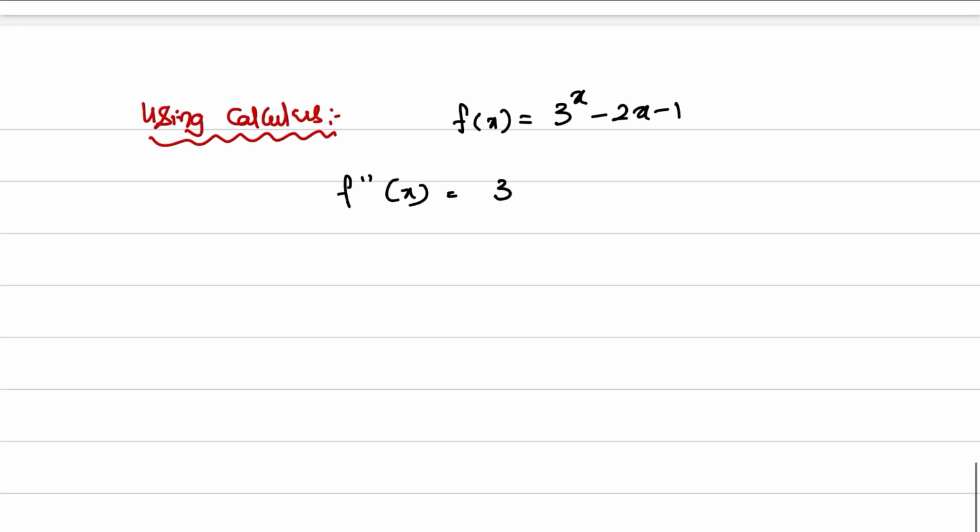When you use the calculus method, function double dash x is equal to, what is function x given? 3 to the power of x minus 2x minus 1. Second derivative of function is equal to 3 to the power of x into ln 3 whole square. This you do it as a homework.